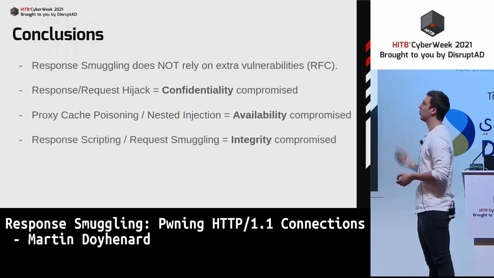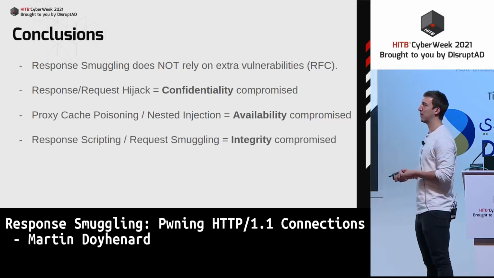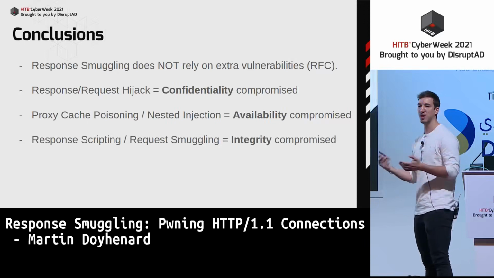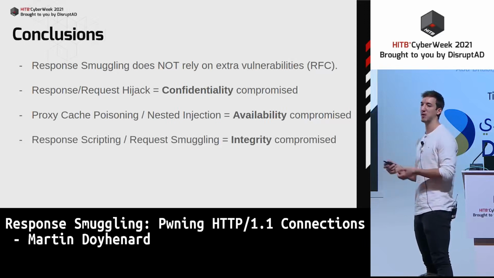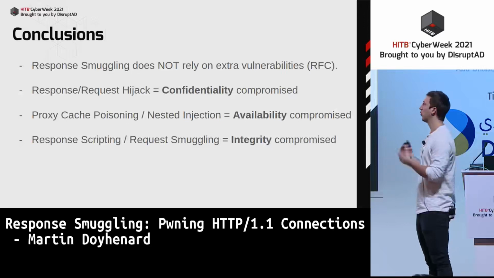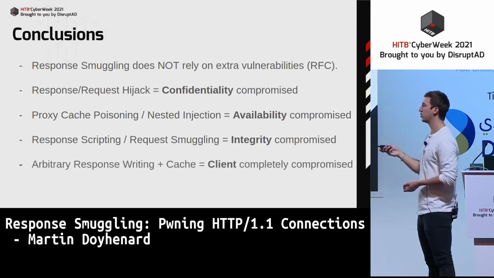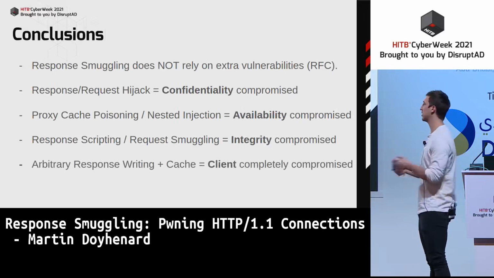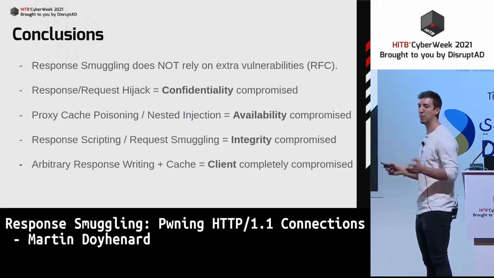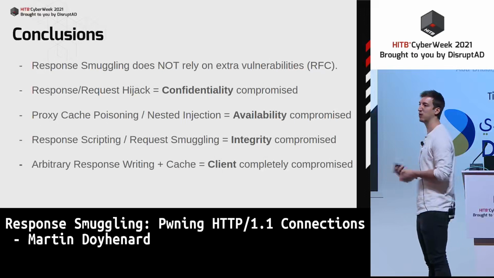I'm also able to compromise the integrity because I am able to persistently modify the responses that a server or a proxy will give to clients. And as I said, using the cache technique, I'm able to persist this attack and to compromise any client that will use this application.